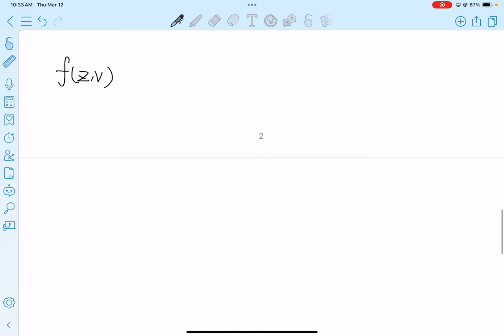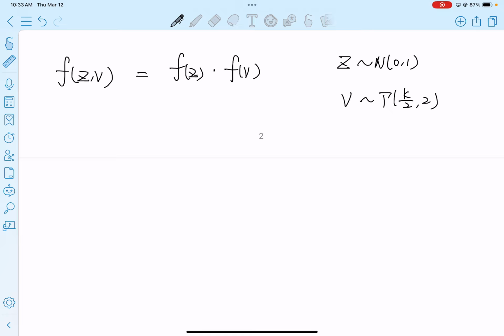Based on the independence assumption, the joint distribution for z and v is just equal to the marginal of z multiplied by the marginal of v. Again, as a reminder, z follows a standard normal, and v follows a chi-square or gamma distribution, k over 2 and 2.